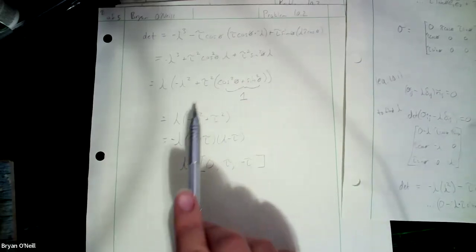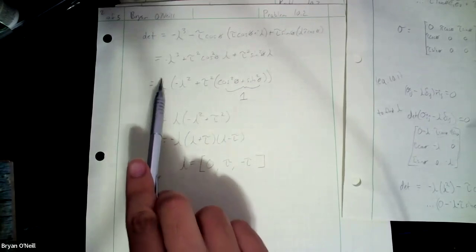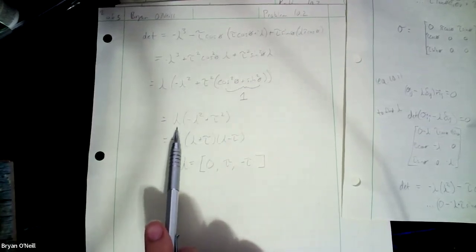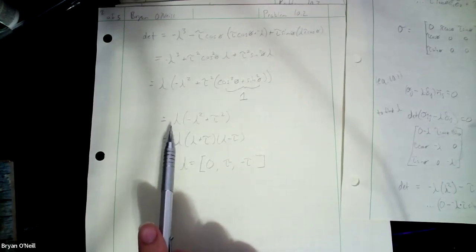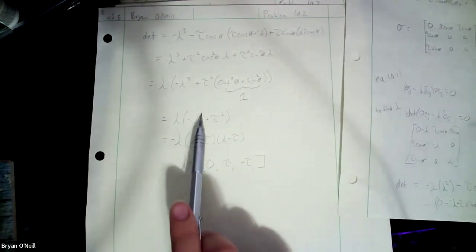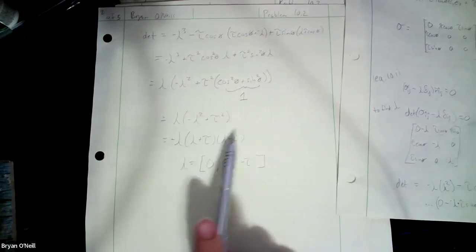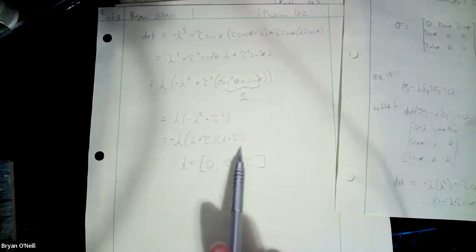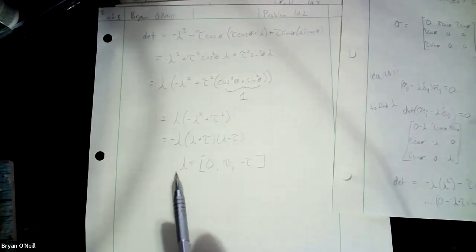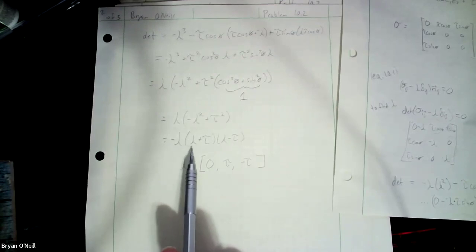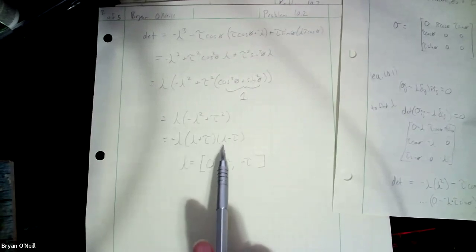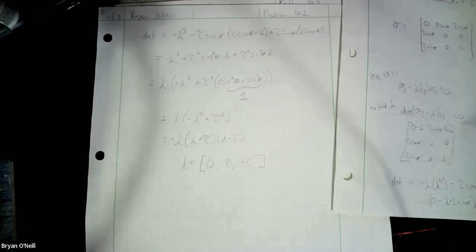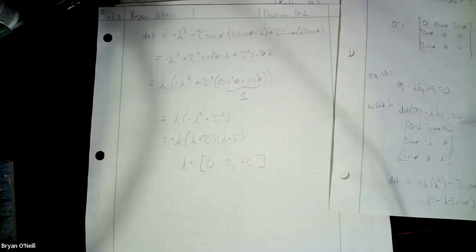We get down to here, I take out a lambda, that's going to eventually be an eigenvalue of 0, minus lambda squared plus tau squared, breaking this into its two constituent components. We get negative lambda times lambda plus tau times lambda minus tau. And solving for our eigenvalues, we get 0, tau and negative tau.